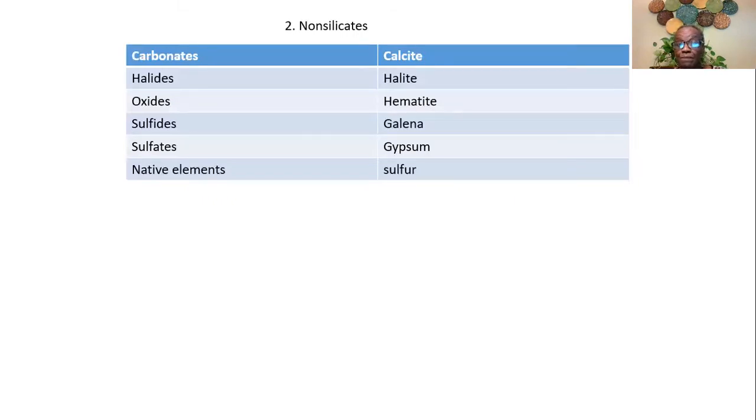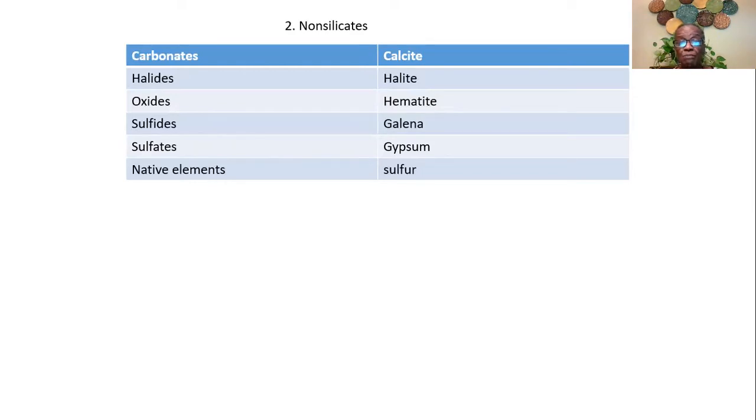We have carbonates, and an example of one carbonate is calcite. And remember from a previous lecture, calcite is an example of a mineral that has double refraction. If you put calcite on a piece of paper and there are letters there, it would appear to be double.